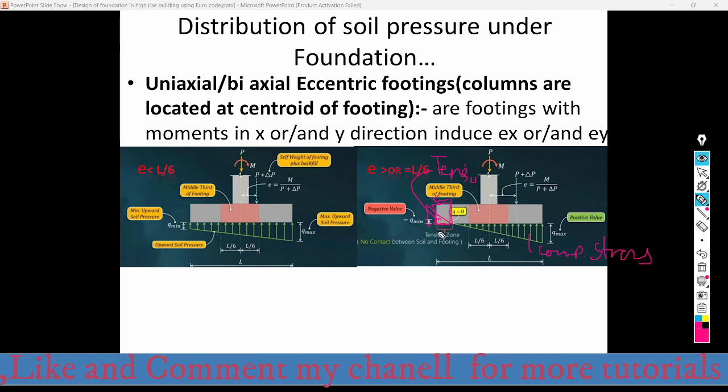So there will be an uplift problem here. That means the footing and the soil are not in contact. That means there is no contact surface between the foundation and the soil. So this tension zone must be considered during the design of the foundation.